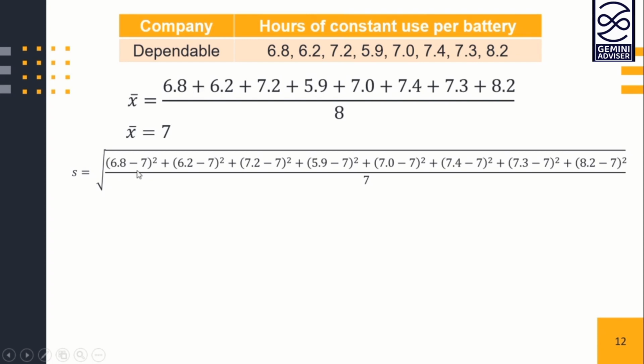So 6.8 minus 7 squared hanggang sa dun sa dulo, 8.2 minus 7 squared divided by 7. So using your calculator, that is 3.62 over 7, get the square root, that is 0.72 hours. Okay, so sa pangalawang company natin, 0.72 hours tayo.